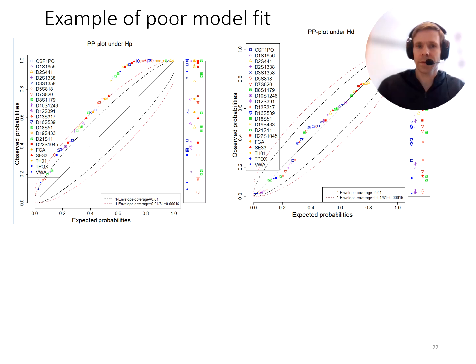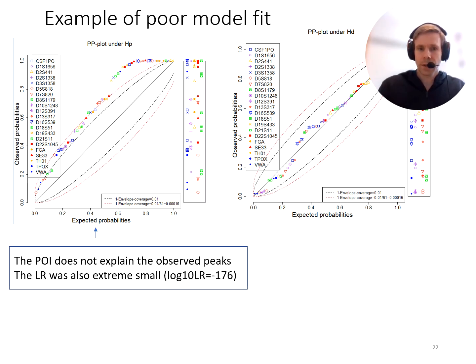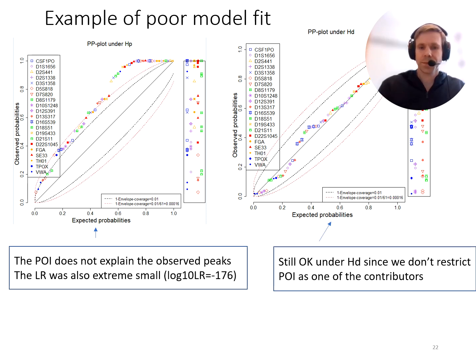Here is an example of a poor model fit where you see many points falling outside the red envelope, which indicates a very poor model. In this situation, the person of interest did not explain the observed peak heights, and the LR was also extremely low.